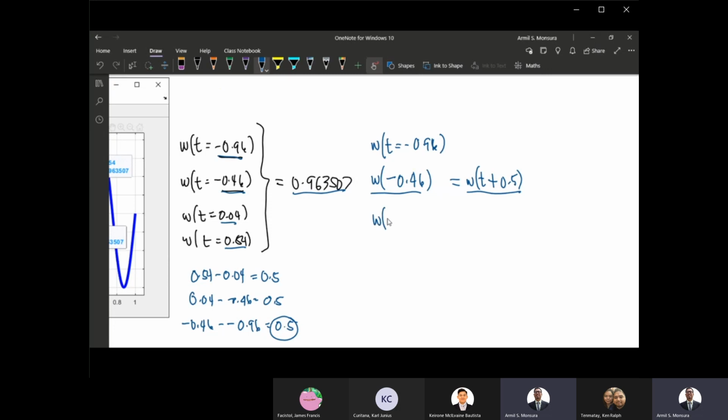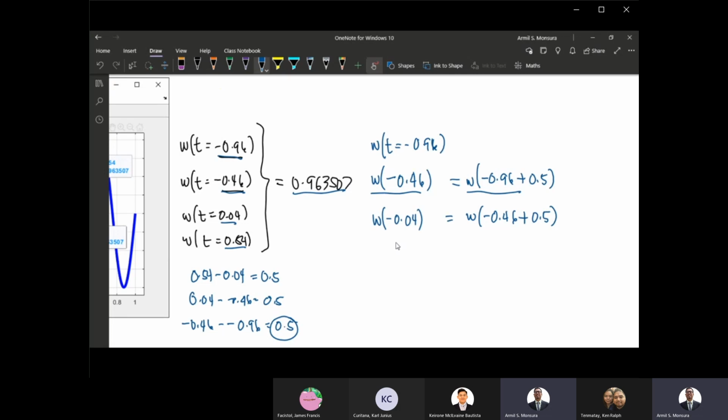In the same manner, yung w of negative 0.04 ninyo is actually equal to w of negative 0.46 plus 0.5, which, yun nga, nakita natin as 0.963507.